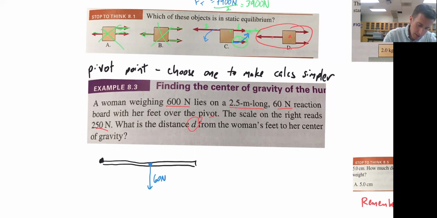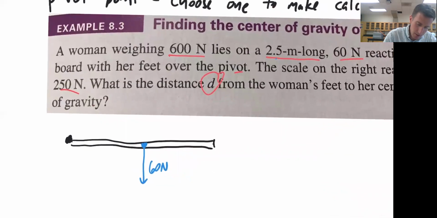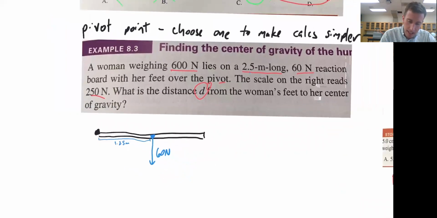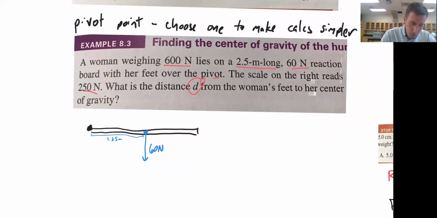So that means that distance for 60 newtons would be at 1.25 meters, because that's halfway through. Then for the 2.5 meters, that entire thing is 2.5 meters.